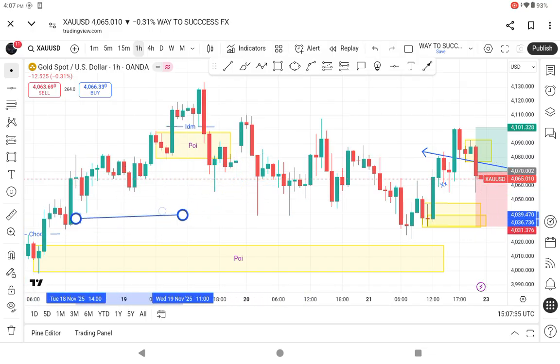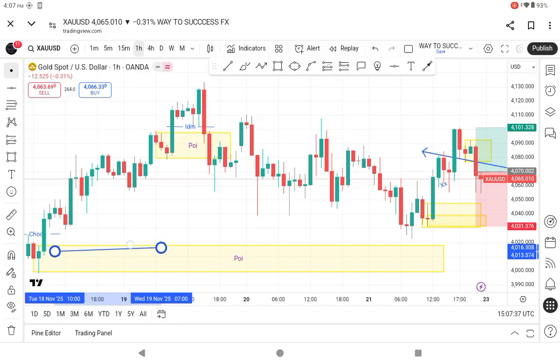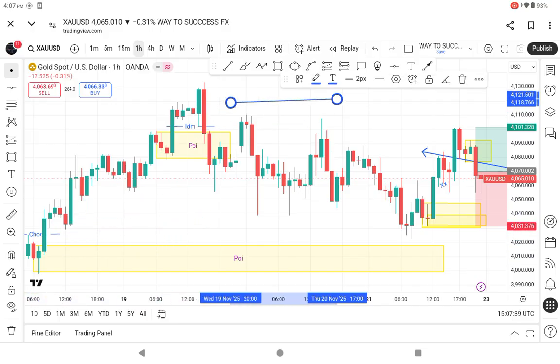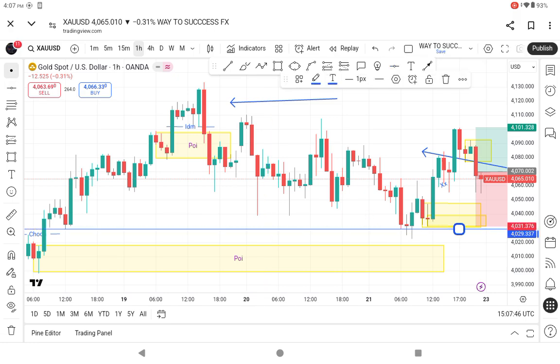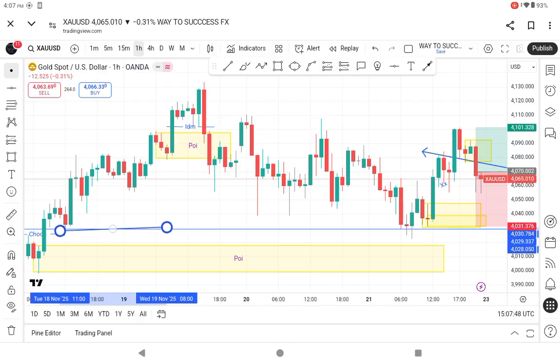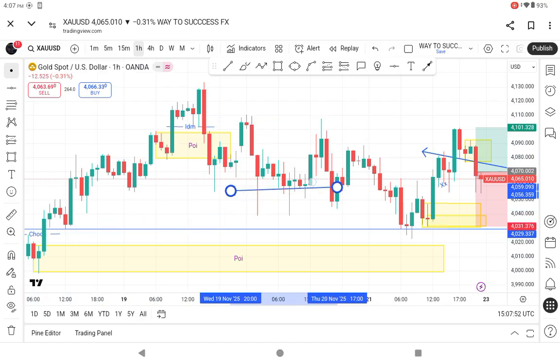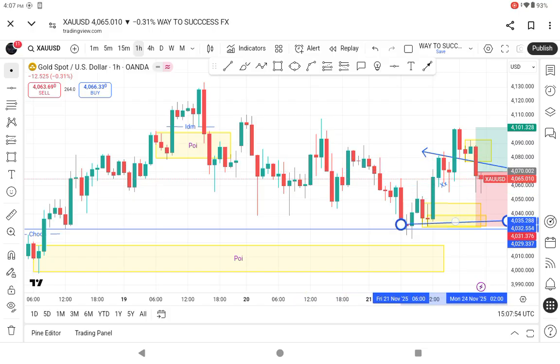And finally, if I put on this horizontal line, this was the last low here, which was swept, and price closed above it.